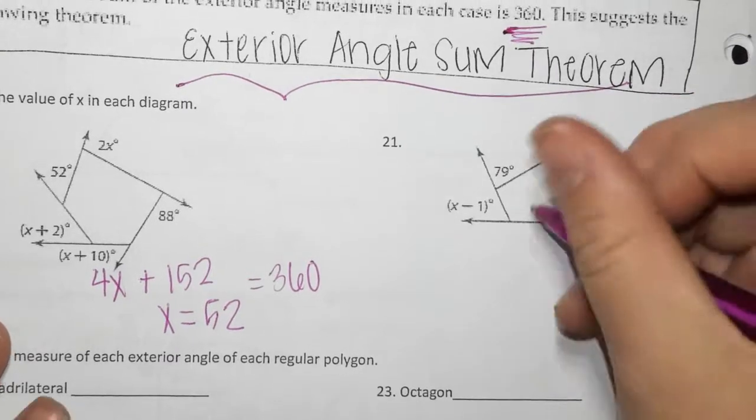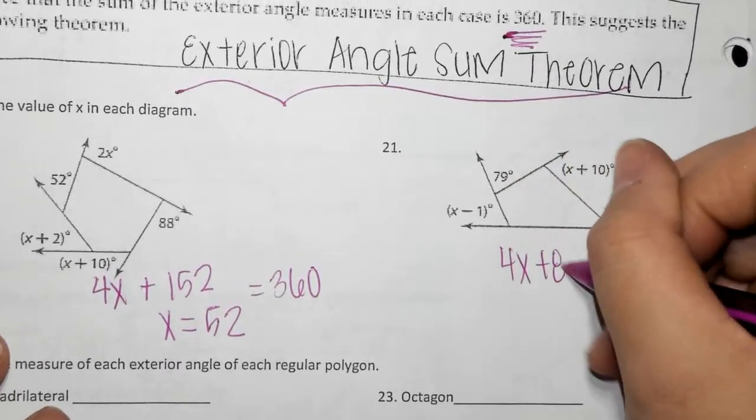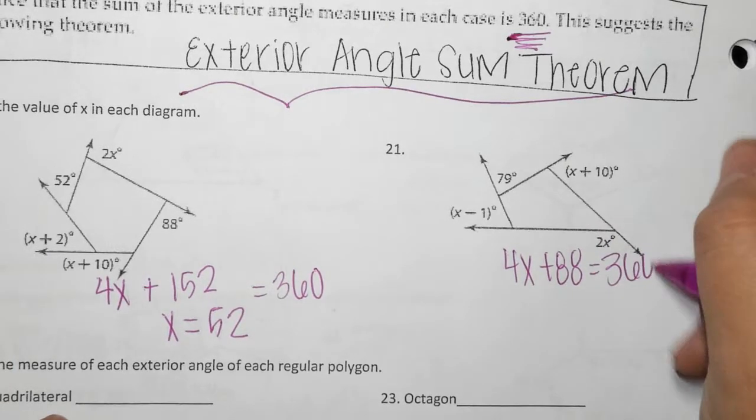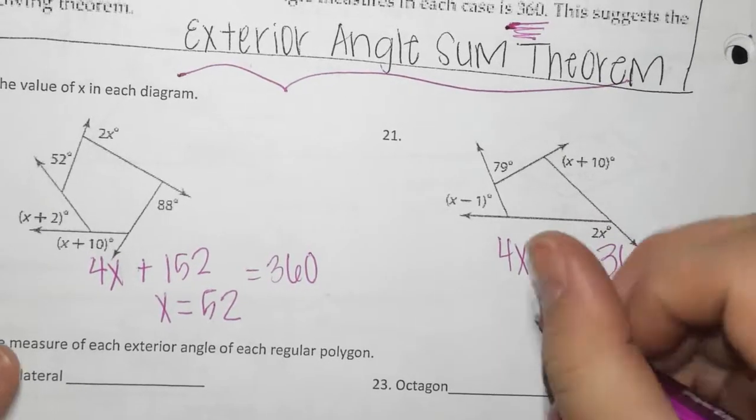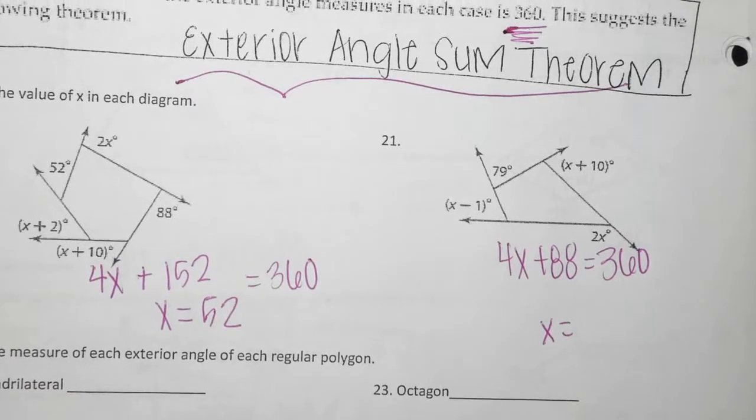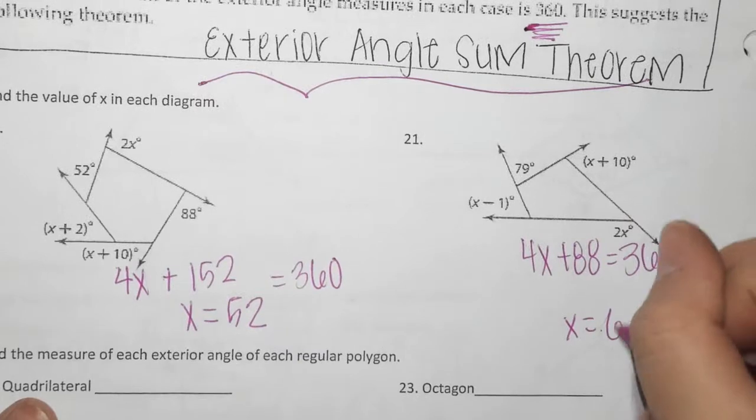Doesn't even matter how many sides it has. Add them all up, set them equal to 360. So I got 68 for number 21.